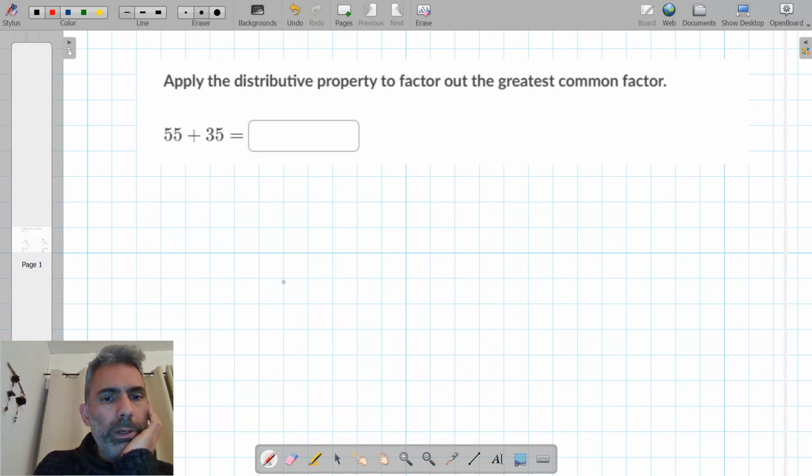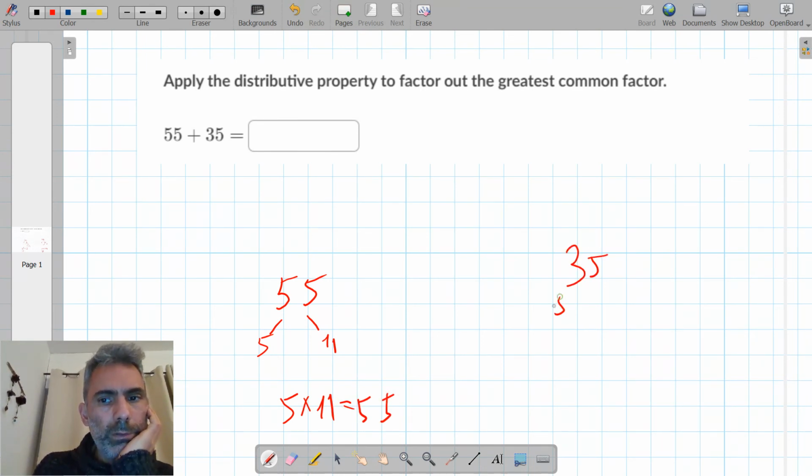So 55 is 5 and 11. 5 times 11 is 55. And 35 is 5 times 7. 5 times 7 is 35.